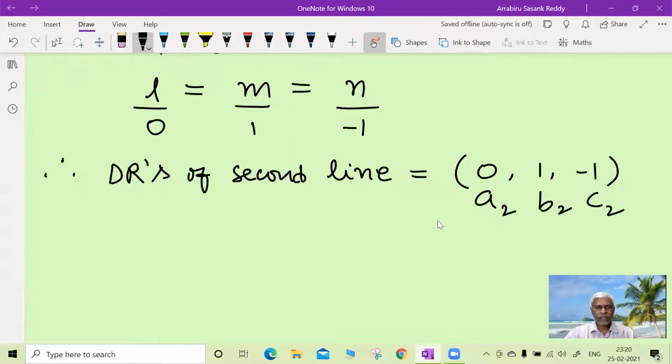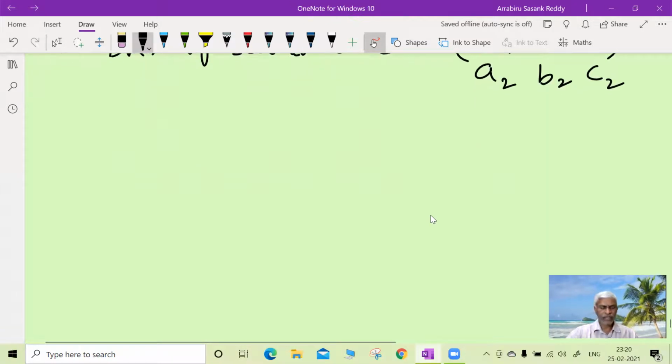Now we have direction ratios of both the lines.